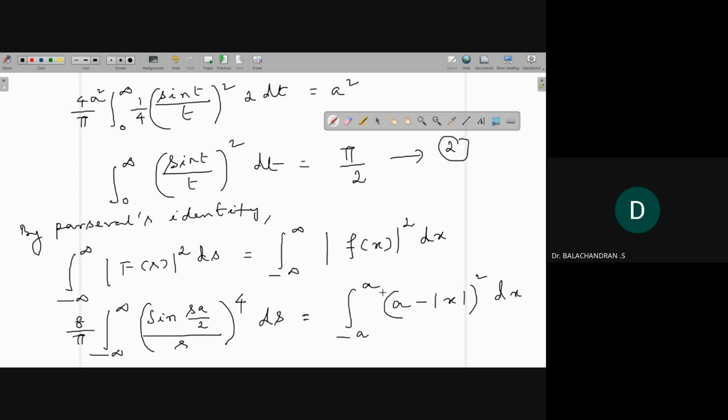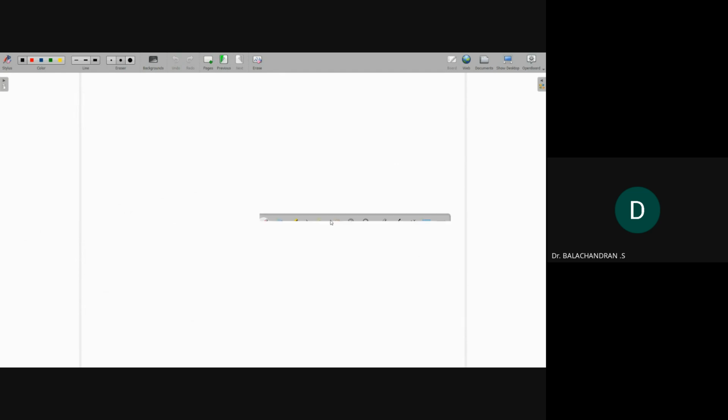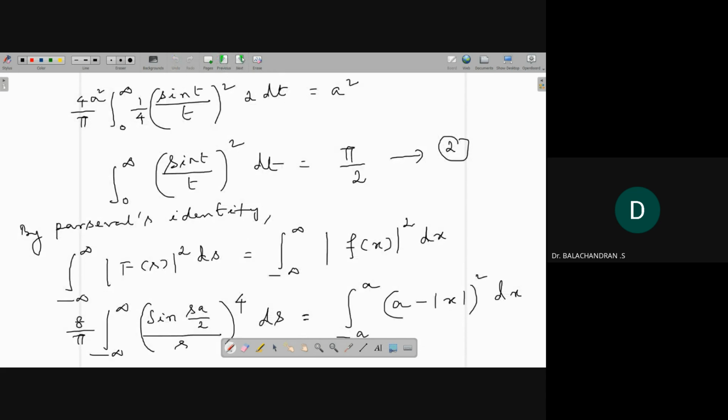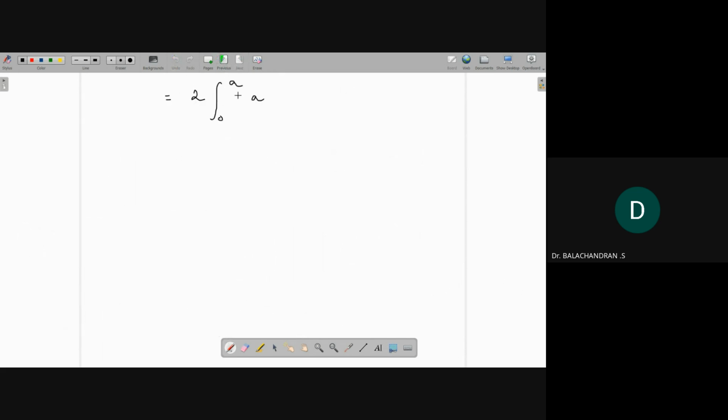Now, I'm going to simplify the right hand side first, because mod x is an even function. So a minus mod x is an even function. So you can write twice what? 0 to a. So you should write a minus mod x, but the values of x are positive.